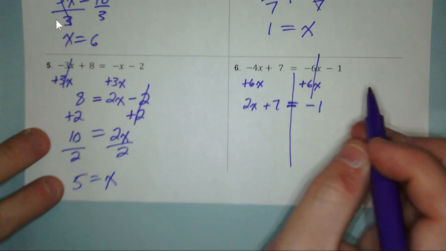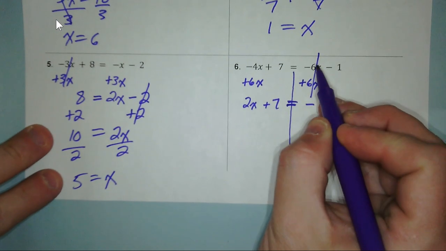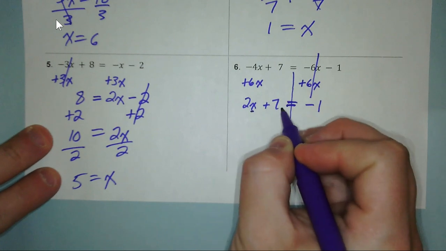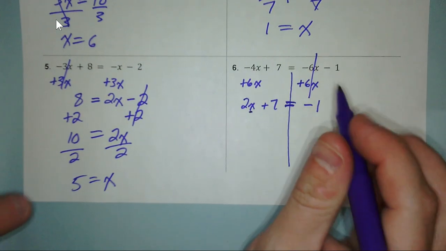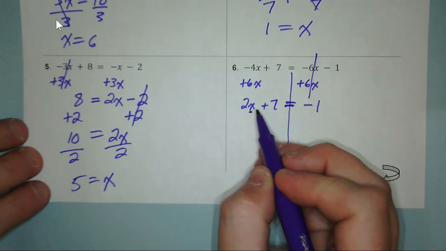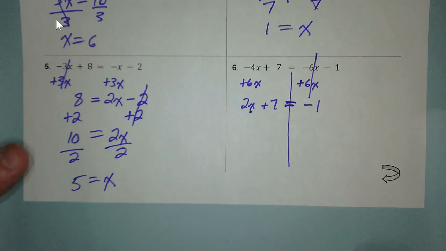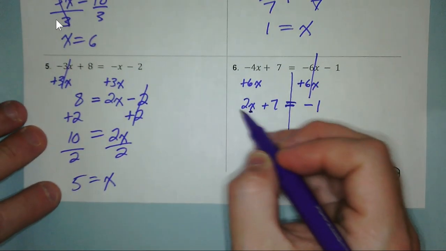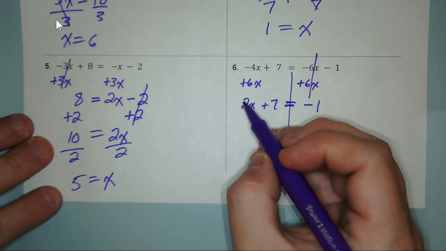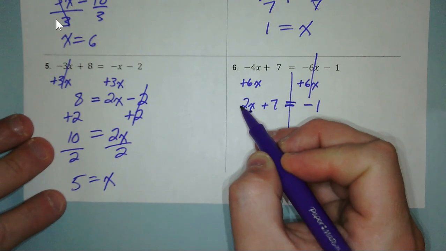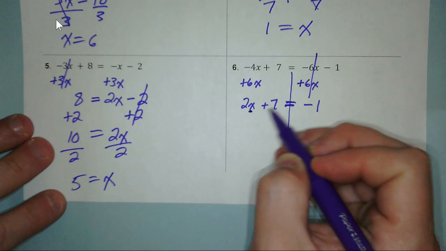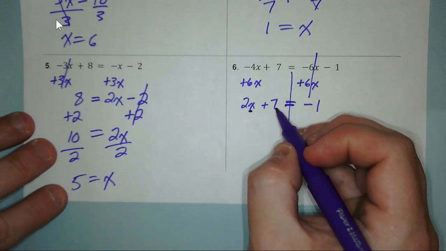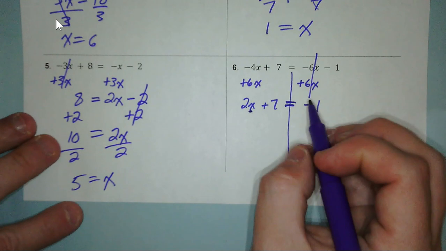But once we get the x's only on one side, now we get rid of the other stuff that's crowding around it, because at the end of the day, we want x all by itself on the one side. So we don't need to move the entire 2x anywhere. And actually, we don't even want to attack that 2 yet. We want to get rid of that +7. We want that +7 out of here. So, Dakaya, how do we get rid of that +7?